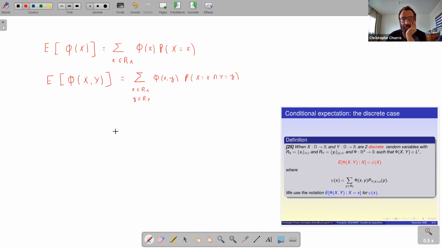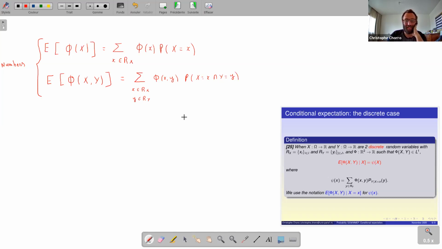What is important to remark here, and that will be a big difference with respect to what we are going to do after, is that here expectations are numbers. Okay, real numbers in this situation. And here I have a double sum that I can do in the order I want, according to what I have said previously.